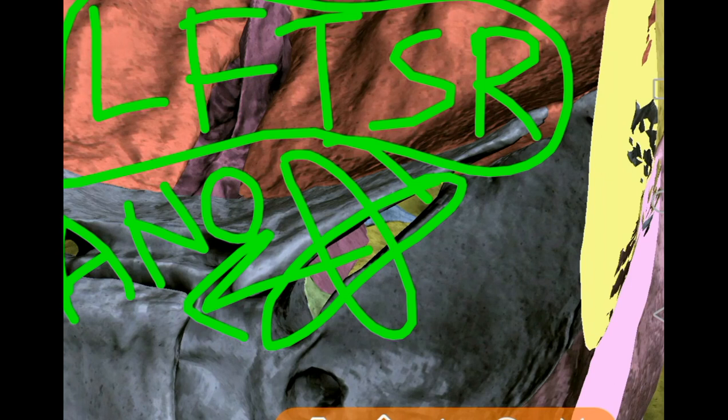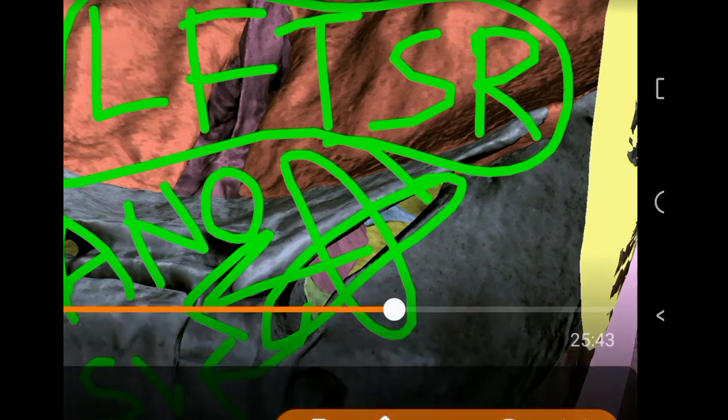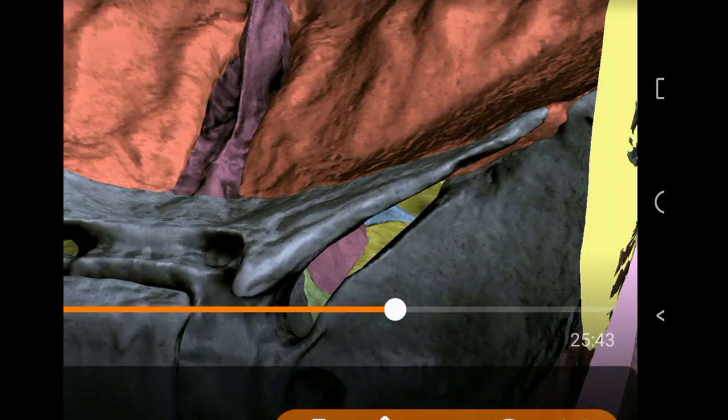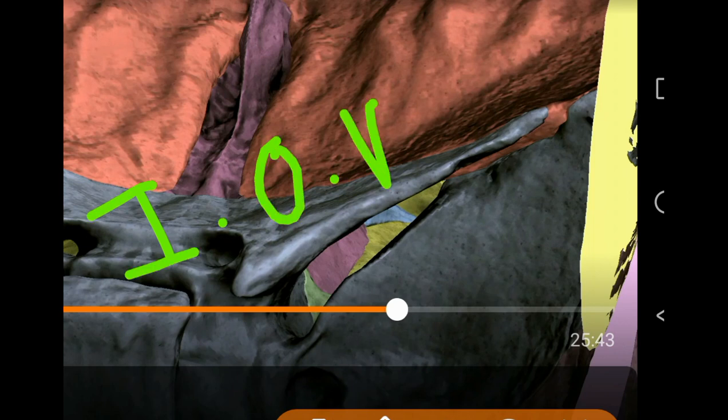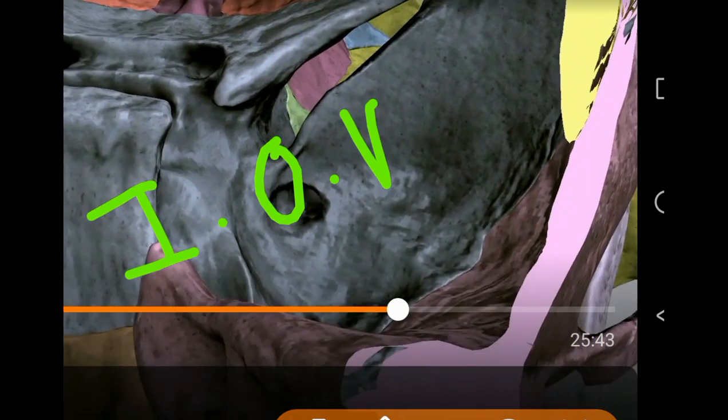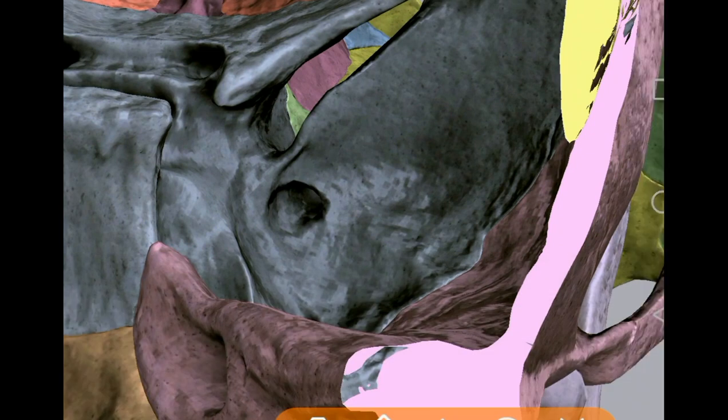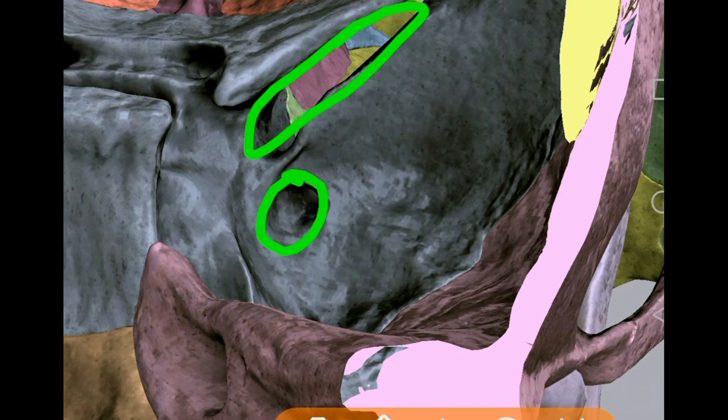So you can see here the lateral part transmits 5, middle transmits 3, whereas the medial transmits the inferior ophthalmic vein in the medial part. Remember that. So laterally 5 structures, middle 3 and medially 1.